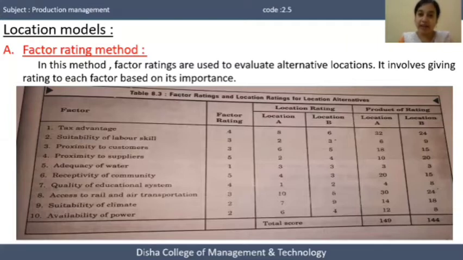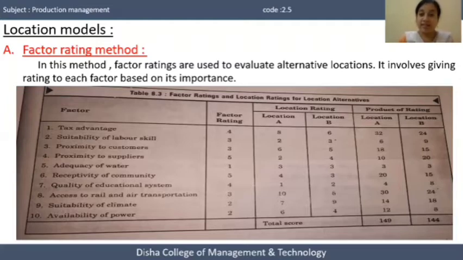After identifying various locations, he has to rate them again. So he may use a rating scale from 1 to 10 for rating a particular locational factor. So take the example of the first factor, that is tax advantages.